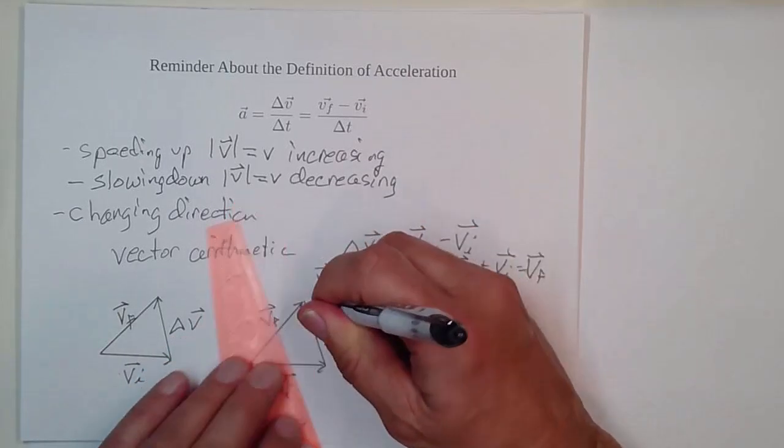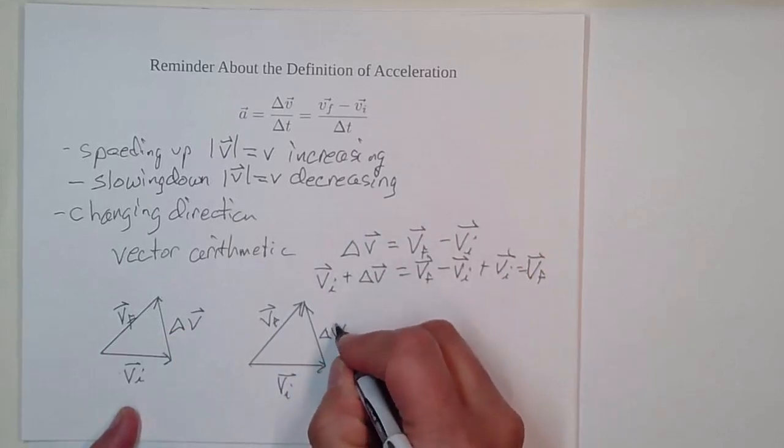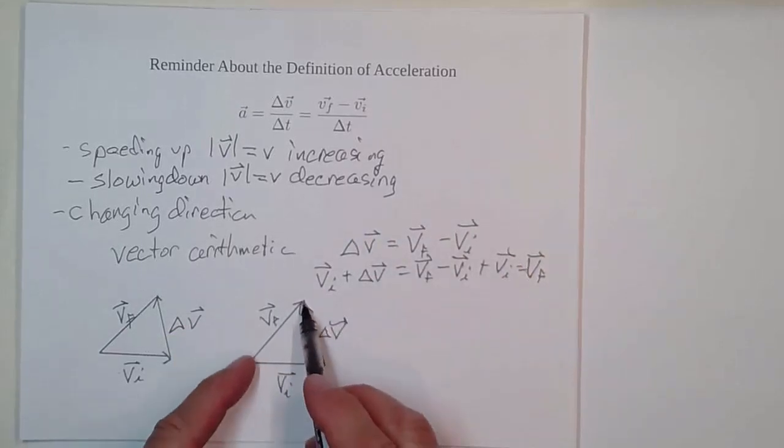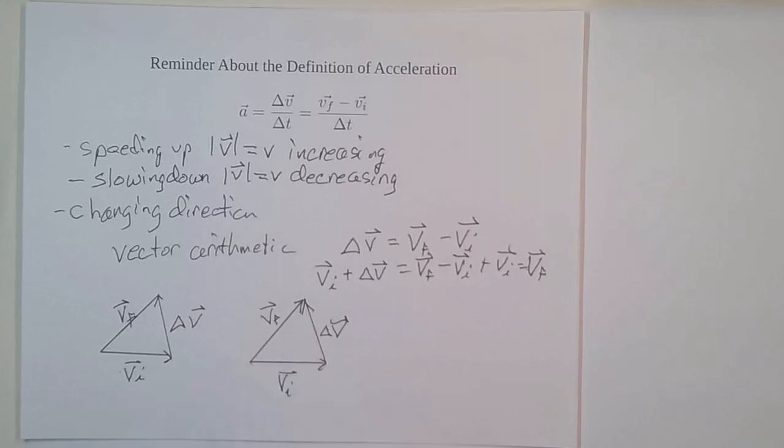So when I draw it this way, this is actually this vector minus that vector. If I drew it the opposite direction, it'd be this vector minus that one, but we're interested in the v final minus v initial. So keep that little idea in mind because we're going to be using that.